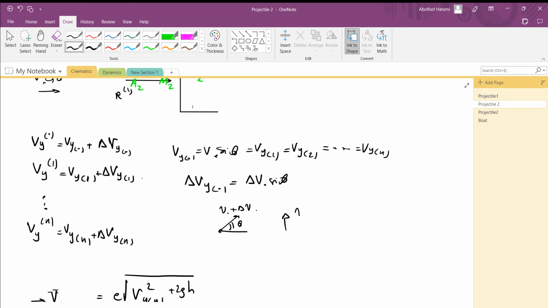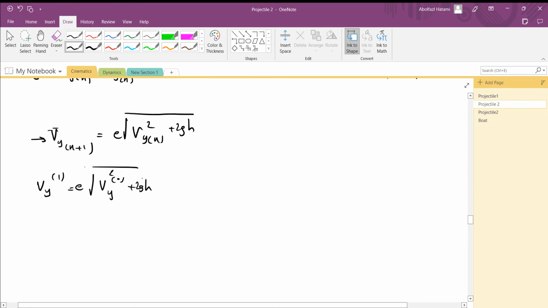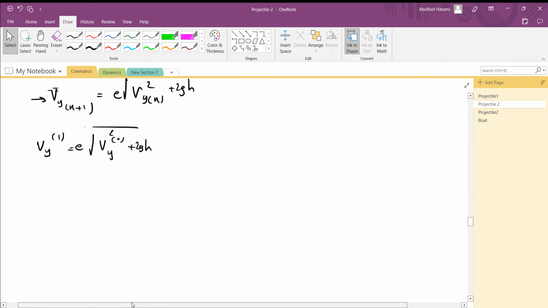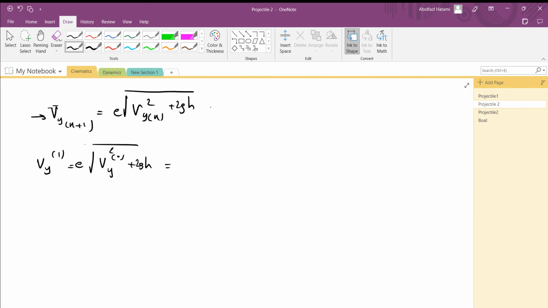So our vy0 is just (v0 plus delta v0) sine theta, so it is going to be v0 sine theta plus delta v0 sine theta. If I substitute this vy0 in this equation, I can obtain something like v0 sine of theta plus delta v0. Let me do something like this: (v0 plus delta v0) square plus 2gh.